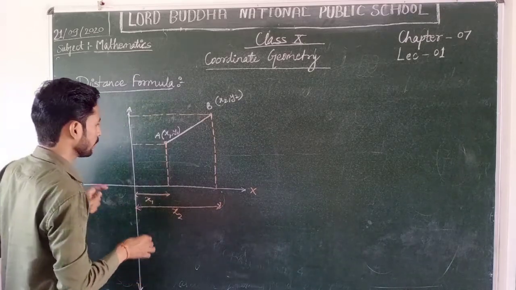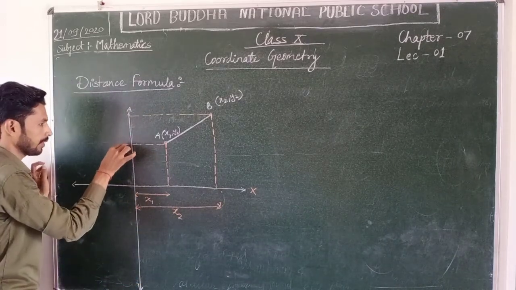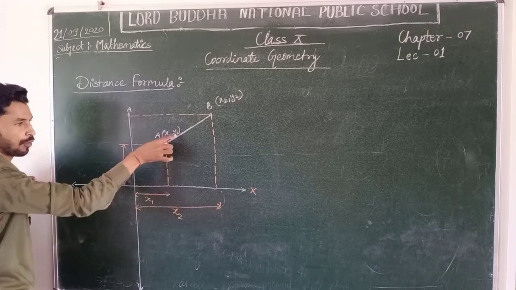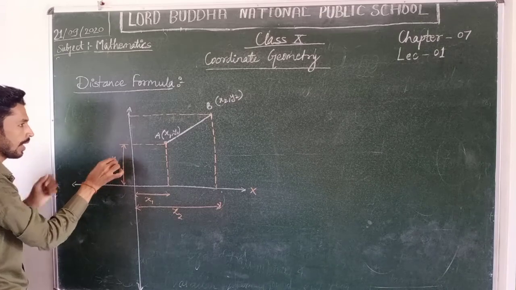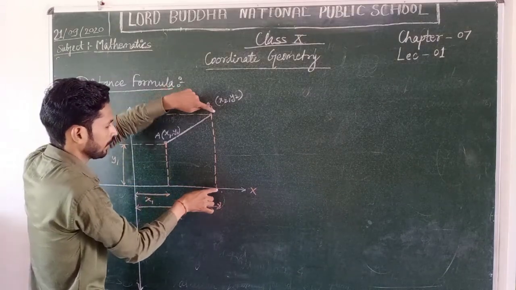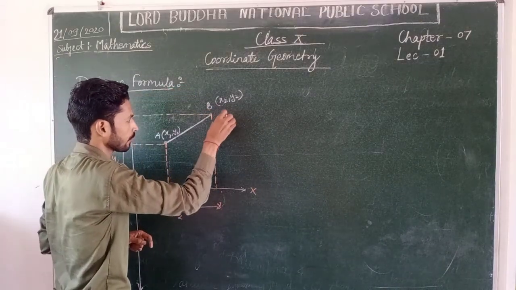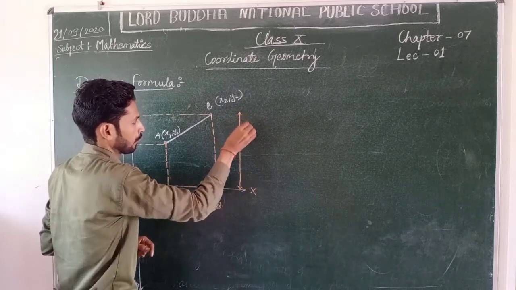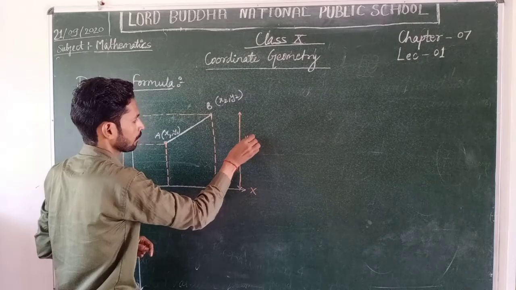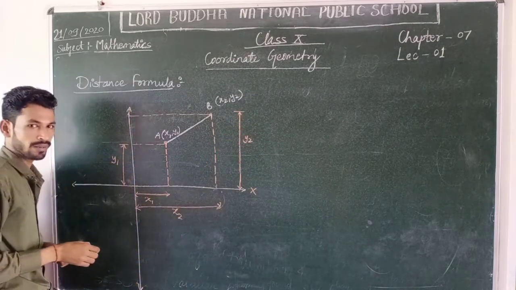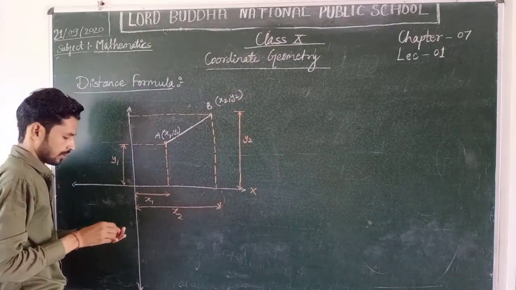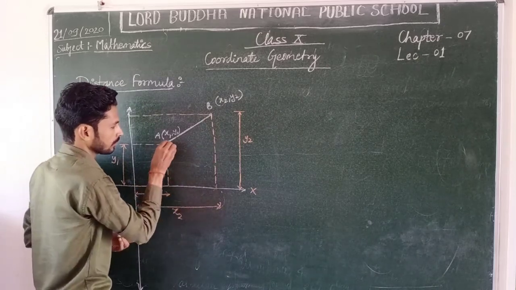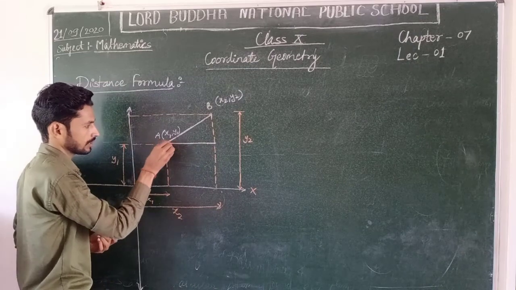Now, this will be y1 for the point A, and this will be y2 for the point B. Clear? Now we are joining this point parallel to the x-axis like this.